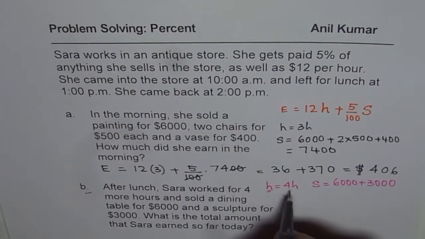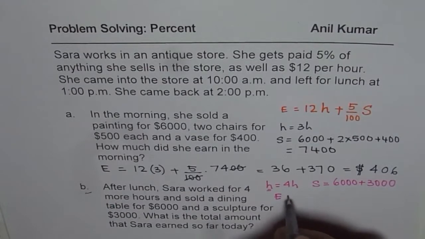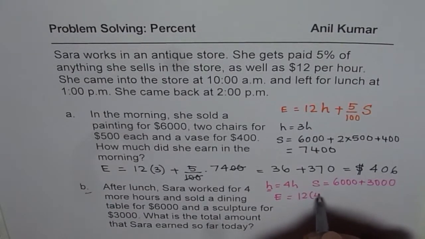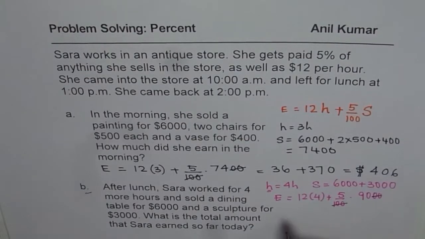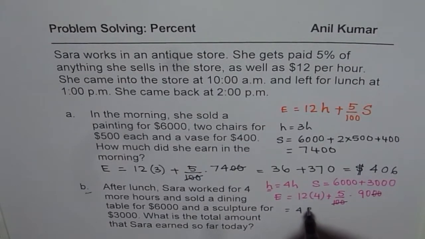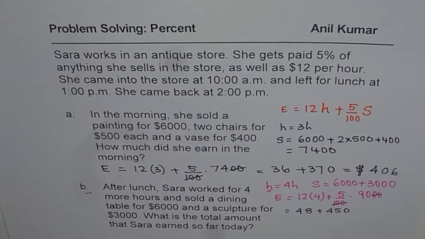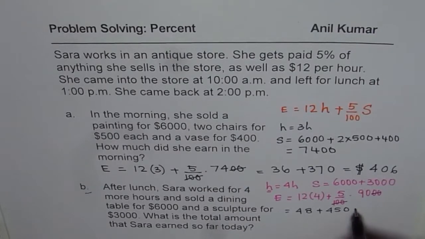Now you can substitute these values and find the earnings in the afternoon, which will be 12 times 4 plus 5 over 100 of this amount, which is 9,000. When you simplify the 100, it's easier. So you get 48 plus 5 times 9 is 45 and a 0, 450. So in the afternoon, she earns $498.